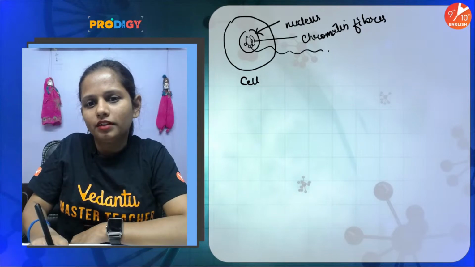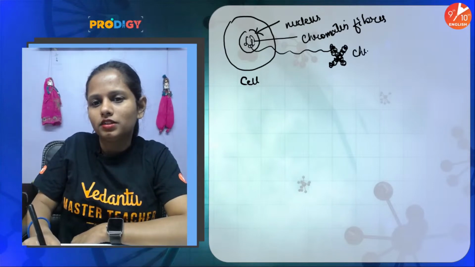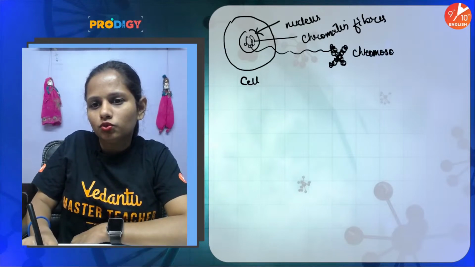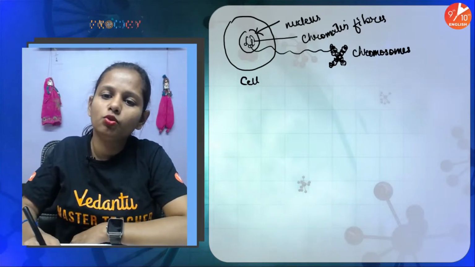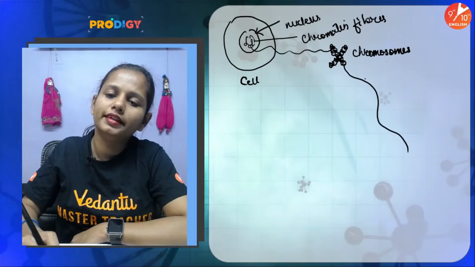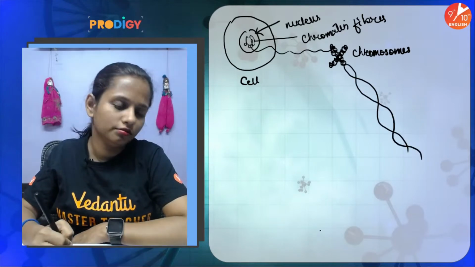Now these chromatin fibers begin to condense, means they begin to coil, and they form these rod-like structures which we call chromosomes, right? Now if I try to uncoil this chromosome, instead of getting one single thread, I get 2 threads which are coiled around each other.